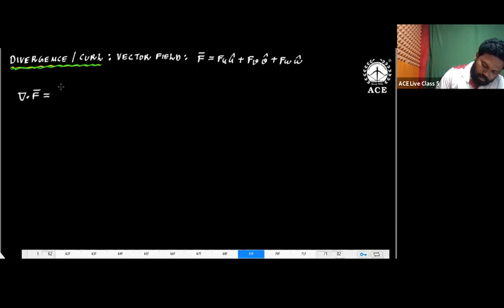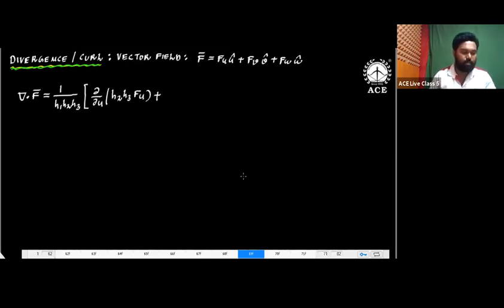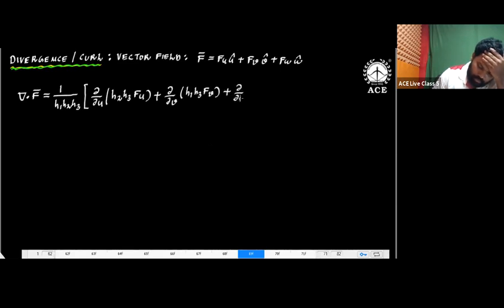Divergence of F is equal to 1 by H1 H2 H3, dou by dou u of H2 H3 into fu plus dou by dou v of H1 H3 into fv plus dou by dou w of H1 H2 into fw.